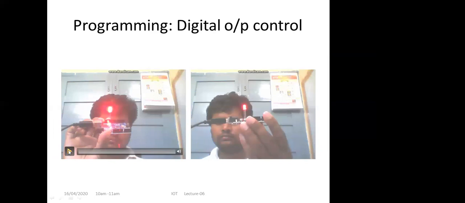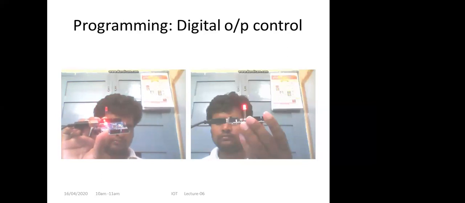Yesterday also I showed that, but again, just see once. It's 1 second on, 1 second off. I don't know if there is any latency problem, like through bandwidth, it might be showing in a different way, but here it is correctly showing 1 second on, 1 second off.